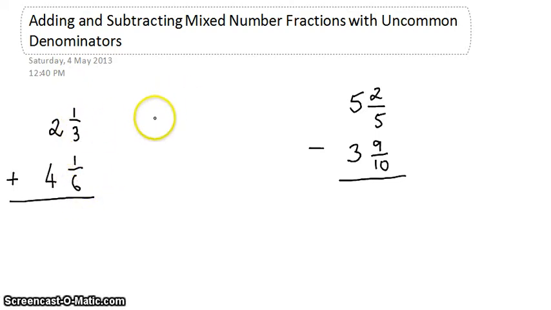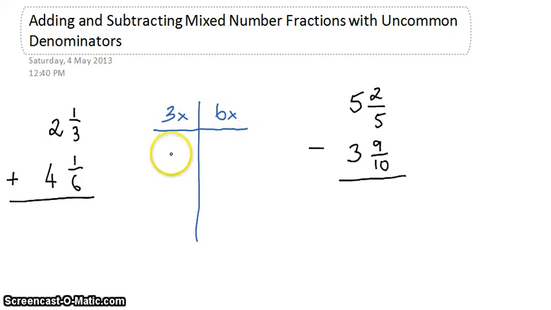You might go, okay, I might look at my 3 times tables and my 6 times tables. And this is something you might do when you've got difficult fractions. You might need to think of your times tables. Remember, you're finding a lowest common multiple. Okay, and you might go, well, the lowest common multiple of 6 and 3 is 6.